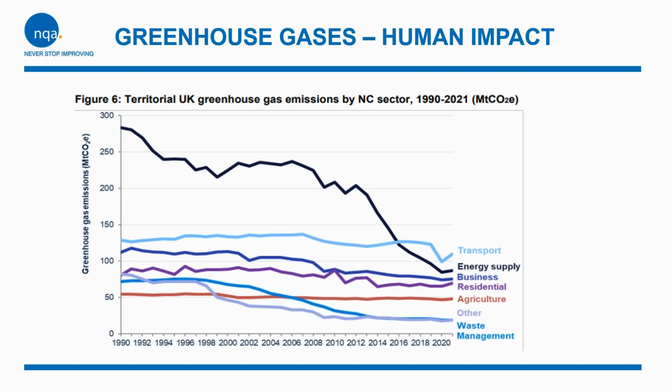And we can also see some of the impacts of both the recession in 2008, and we can also see some of the impacts of COVID around 2020 in that graph as well.